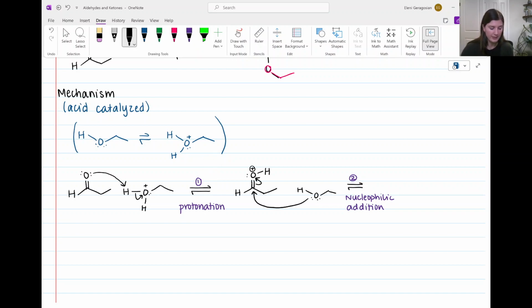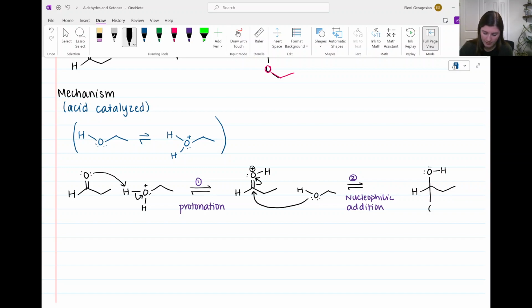After this nucleophilic addition step, let's draw the product of this step. With the 3 carbon chain originating from the aldehyde, we now have an OH group where the carbonyl oxygen was. That carbonyl oxygen is now an OH group.